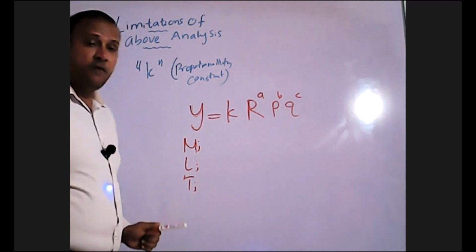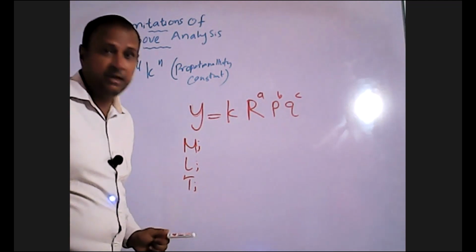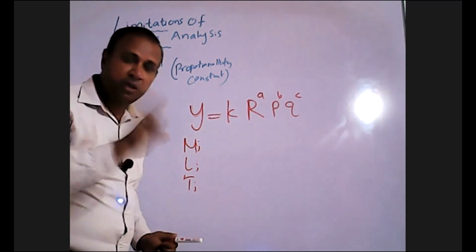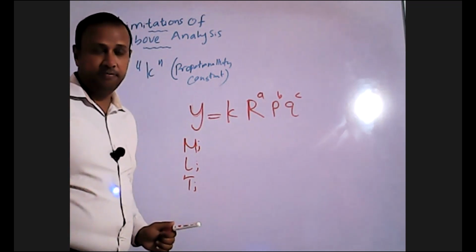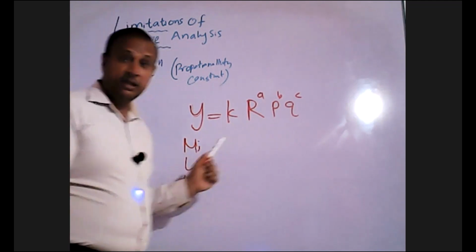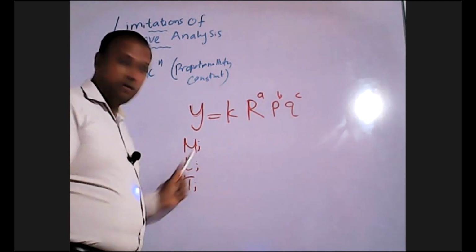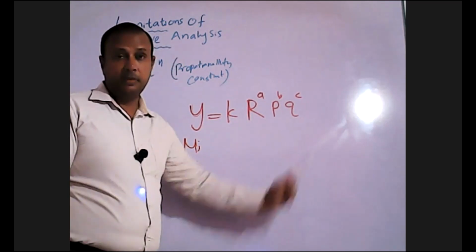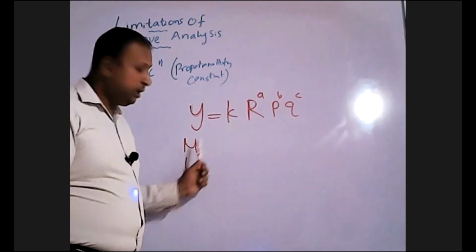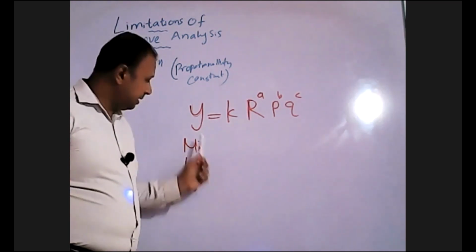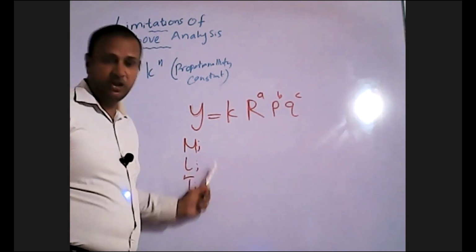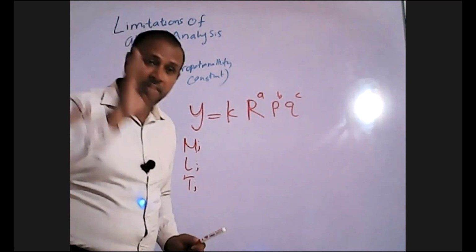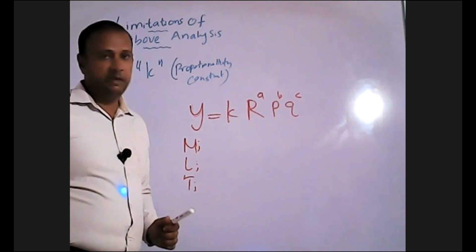So, if we want to build simultaneous equations, we can build up to a maximum of 3 simultaneous equations by comparing the power of M, the power of L, and the power of T. So equating the power of each and every dimension, I can build a maximum of 3 simultaneous equations.